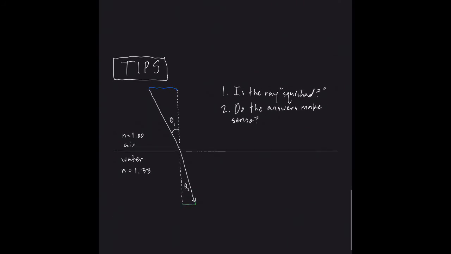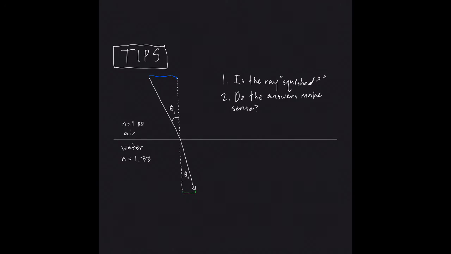A couple of tips when you're working with Snell's law and doing problems with Snell's law. First of all, you want to ask yourself, is the ray being squished? When the ray of light is traveling from a medium to another medium and it slows down, this ray here will be squished down towards your perpendicular line.